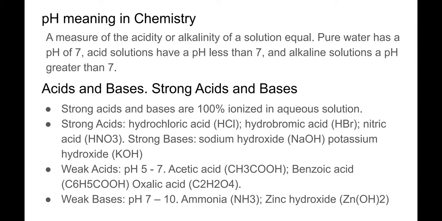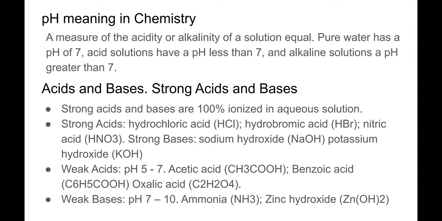Strong bases are the same. There are not so many strong bases. A good example is sodium hydroxide. If you dissolve it in water, it exists as ions, a positive ion of sodium and a negative hydroxyl ion, and potassium hydroxide is the same.